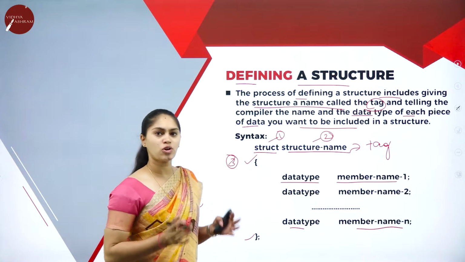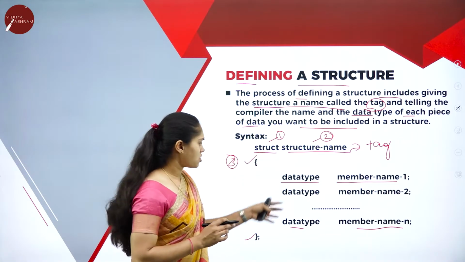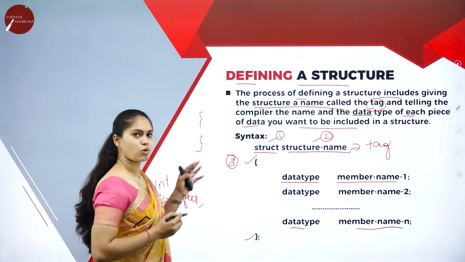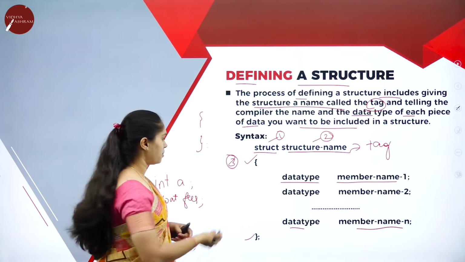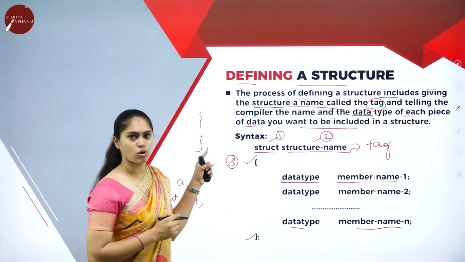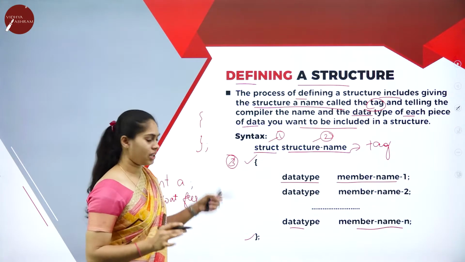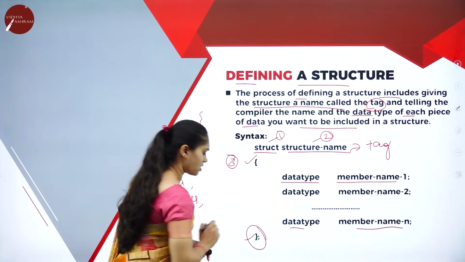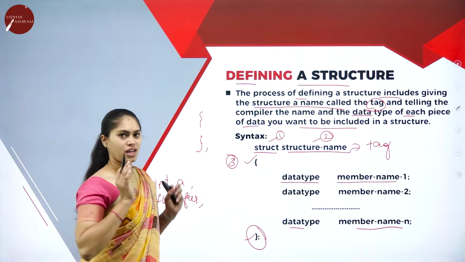Then how are we going to close the structure? If I am just going to use opening and closing of curly braces, it is simply like closing of a block of a statement, but we are dealing with a structure, so it has to end with a semicolon. If you miss a semicolon, it won't be considered as a structure. Don't forget to put this semicolon after closing of curly braces.